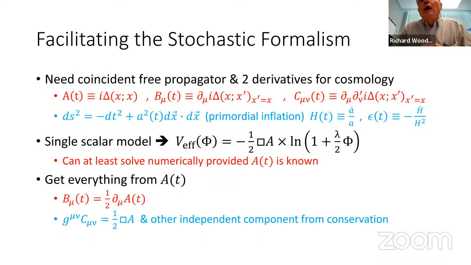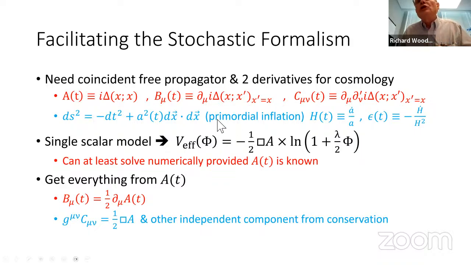In the remainder of the talk, I'd like to tell you about how to actually implement this. Remember, what we need are 3 coincident scalar correlators. I call them A of t, B mu of t, and C mu nu of t. Those are the things which tell us about the Starobinsky induced effective stress tensor.